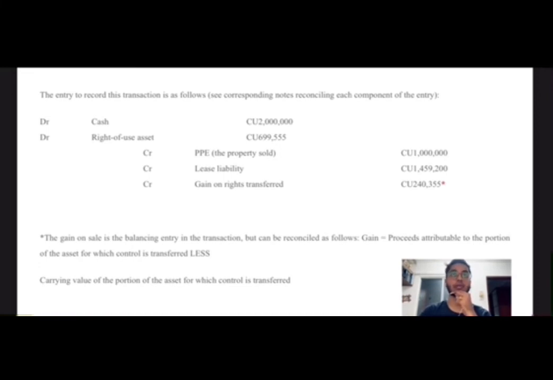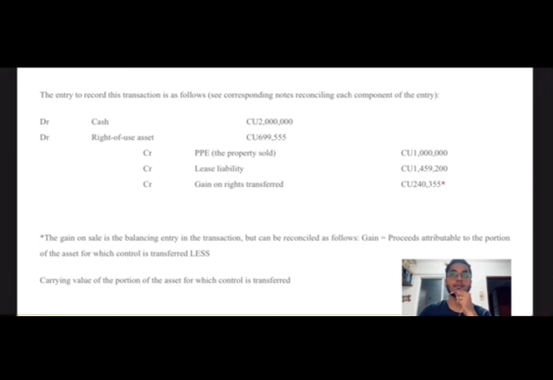We are going to debit cash CU 2 million, then debit right-of-use asset CU 699,555, and we are going to credit PPE, the property sold, with the value of CU 1 million, and lease liability with value of CU 1,459,200, and lastly gain on rights transferred CU 240,355.